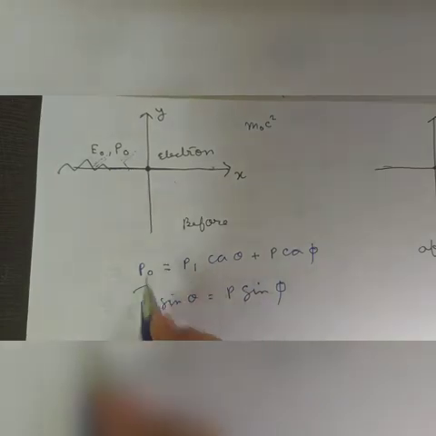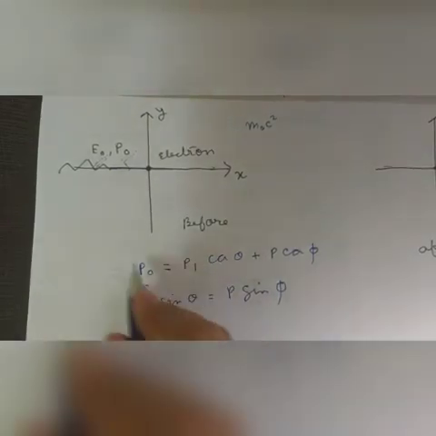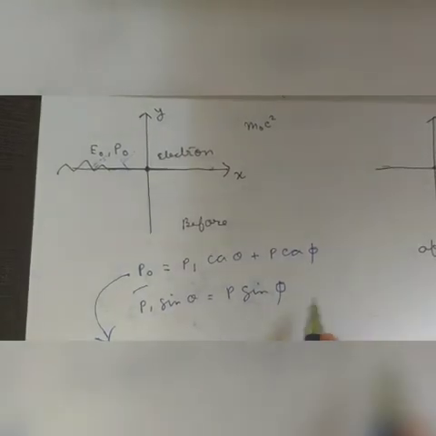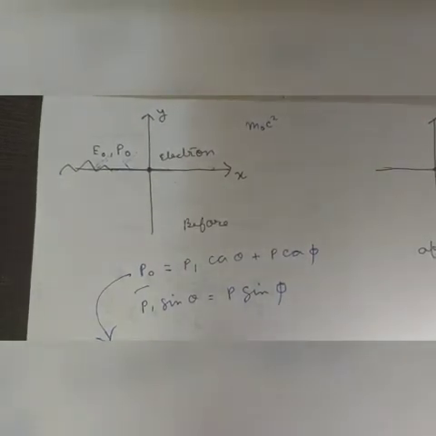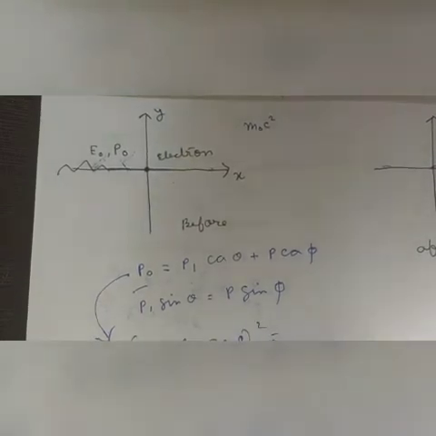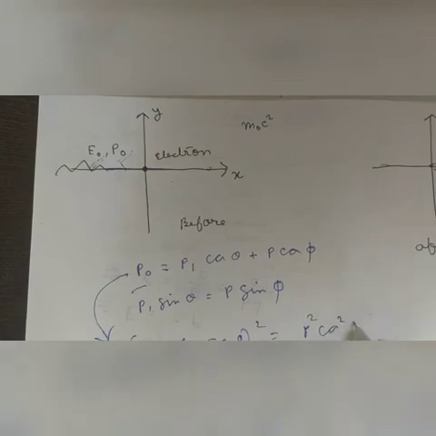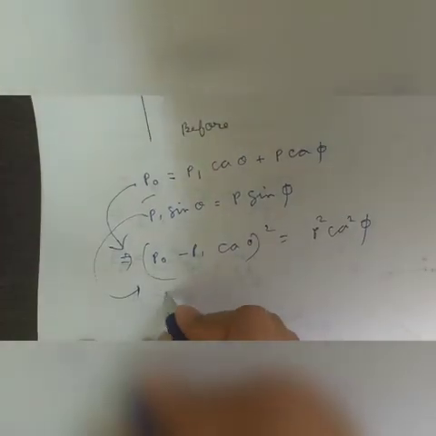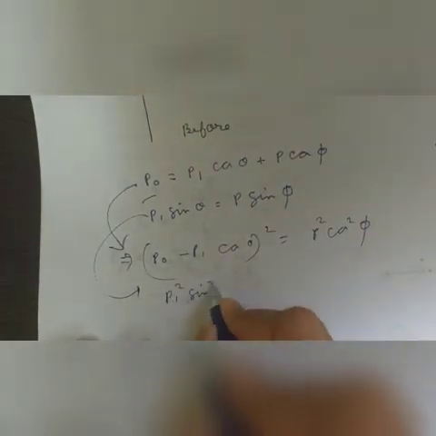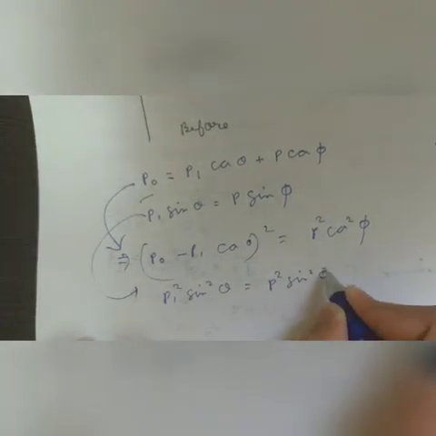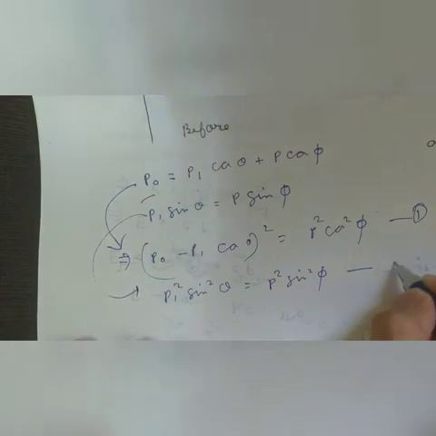So if we write p1 and p naught, the momentum of the photon, on one side and the momentum of the electron on the other side, squaring, we get p1 square cos square theta equals p square cos square phi, and the other equation becomes p1 square sin square theta equals p square sin square phi, equations 1 and 2.